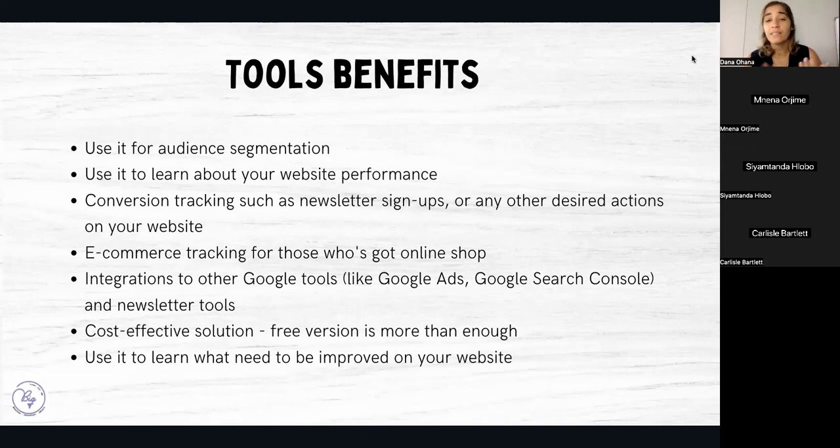And as I said, it's a free version, and you don't actually need more than the free version. And they've now done an upgrade to GA4 and stuff like this. So you really can learn from which country they reach out to you, from which city they reach out to you, how many of them click, and everything.